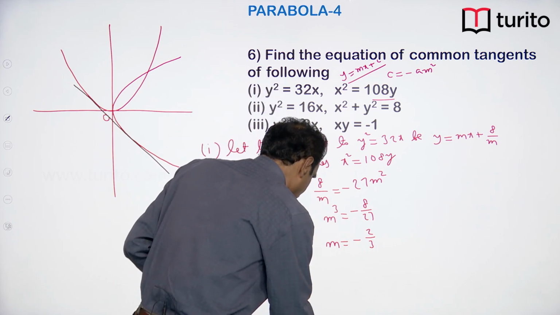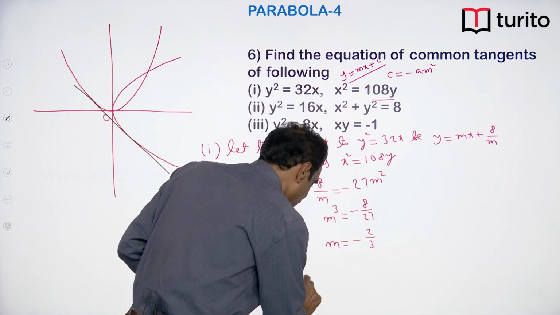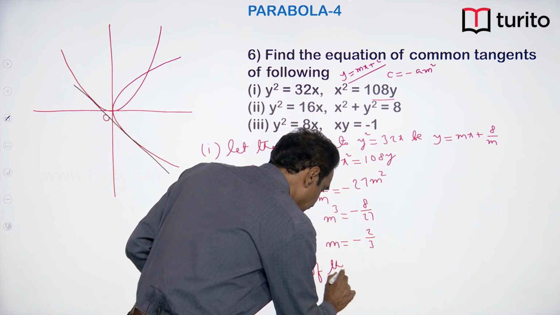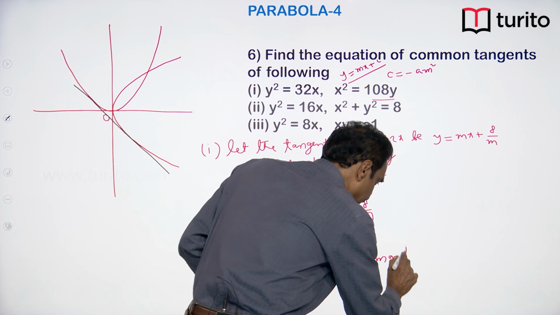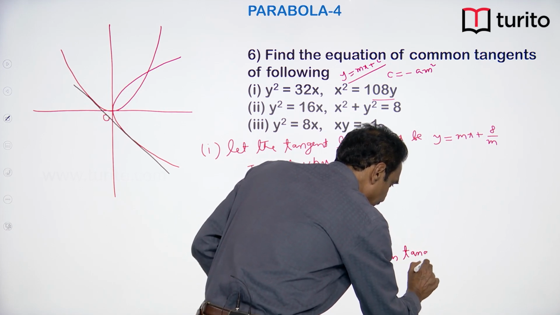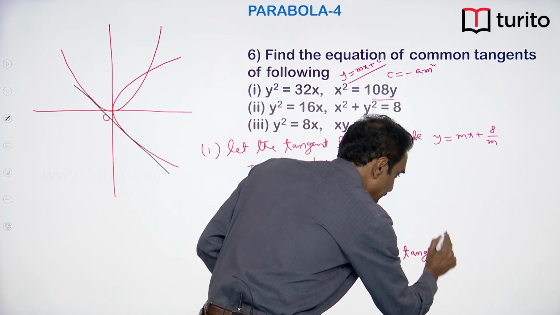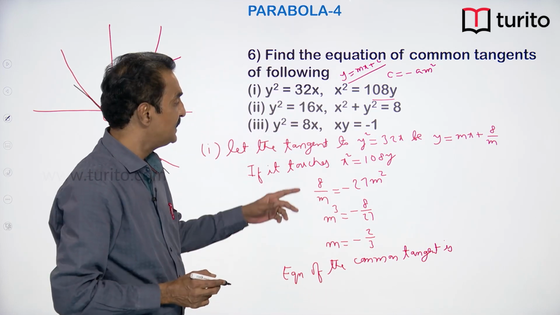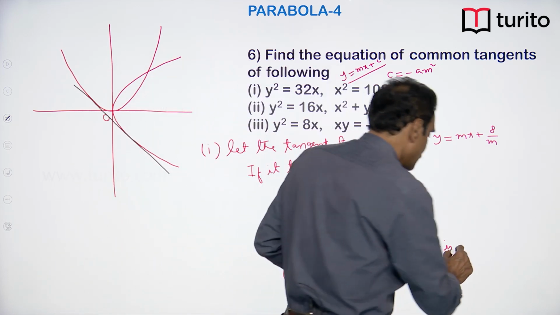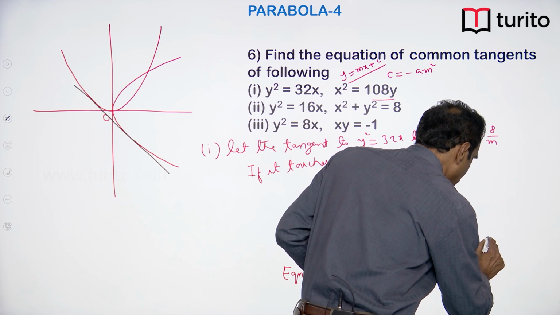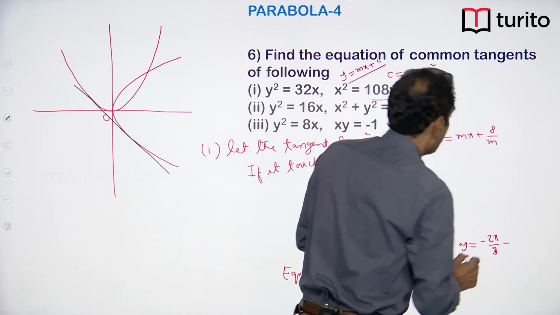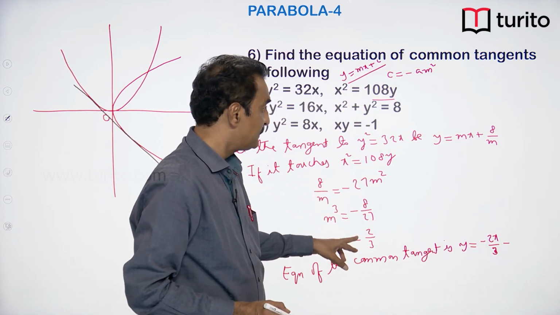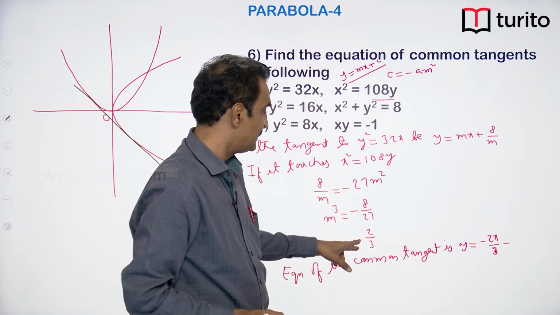Therefore, the equation of the common tangent is y is equal to minus 2x by 3 plus 8 by m, which is plus 8 by minus 2 by 3. What will we get?